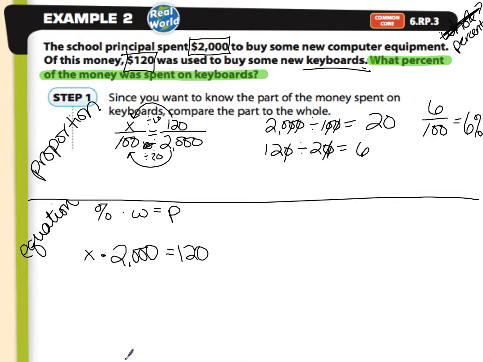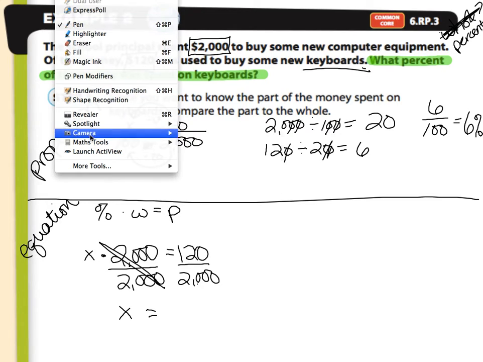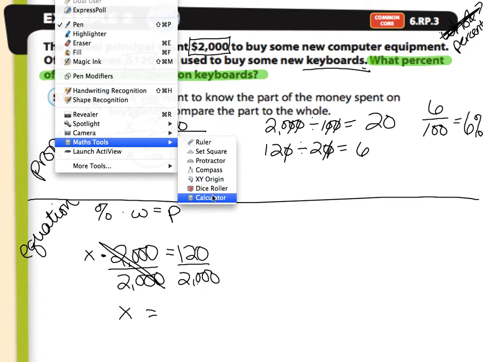All right, so I know that in order to find my answer, I want to get x by itself, so I'm going to divide both sides by 2,000. Because these two things will cancel out, and then I get x all by itself equals, if I do 120 divided by 2,000, again, I can grab the calculator, and let's double check that math.